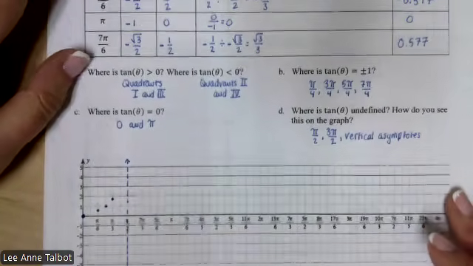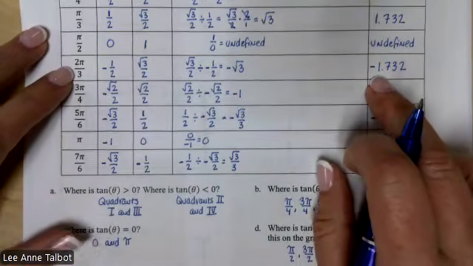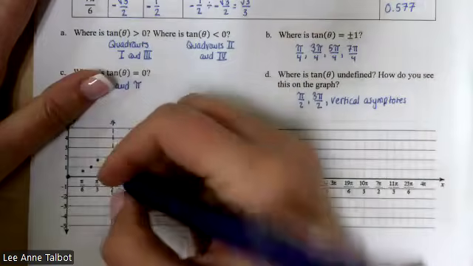Okay, let's graph quadrant 2 and see what happens. So 2 pi over 3 is negative 1.732.